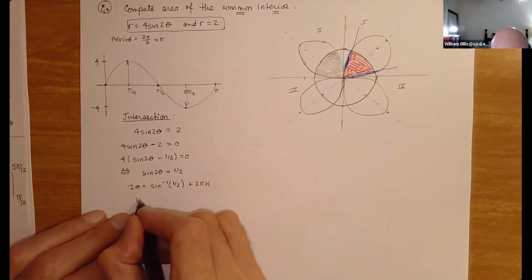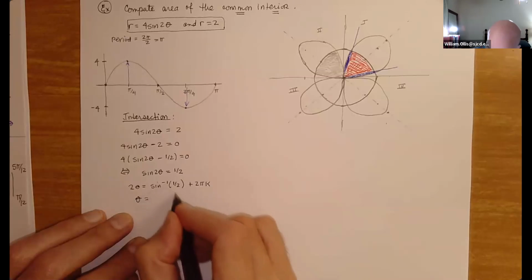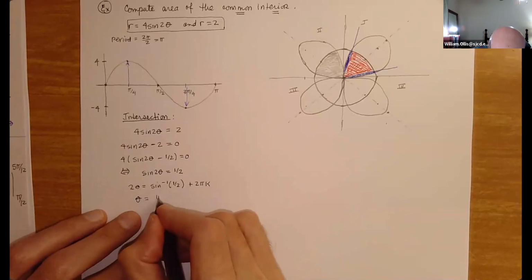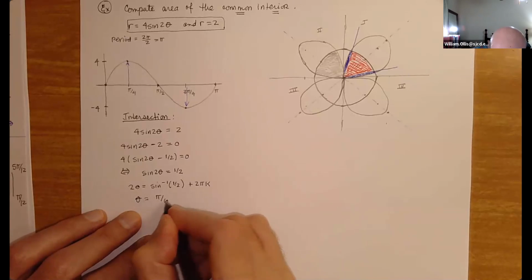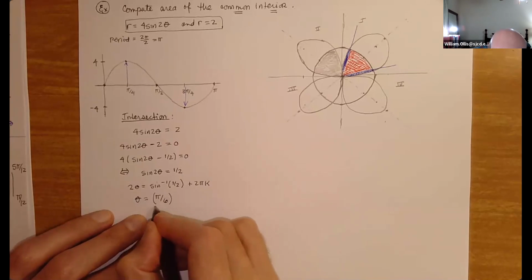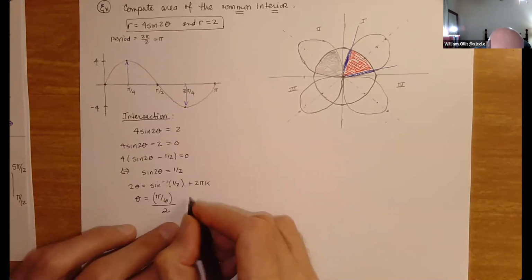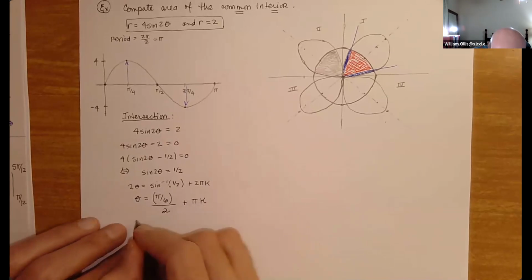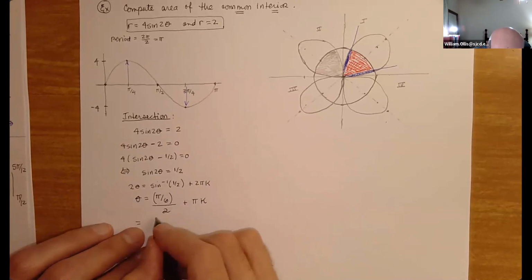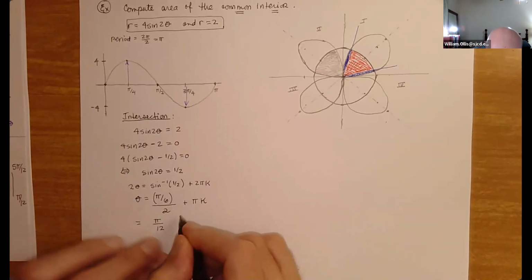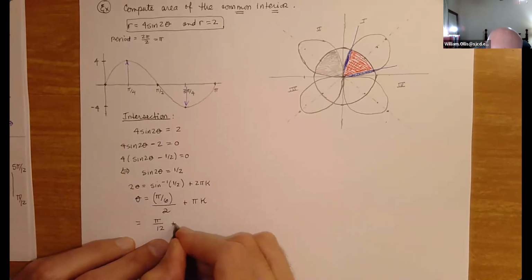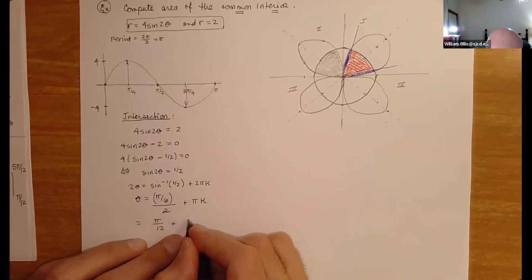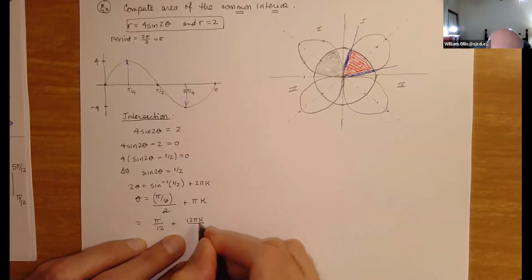So now we've got theta, and of course the inverse sine of 1/2 is pi over 6, plus pi k. So this will give us, in this case, pi over 12 plus 12 pi k over 12.